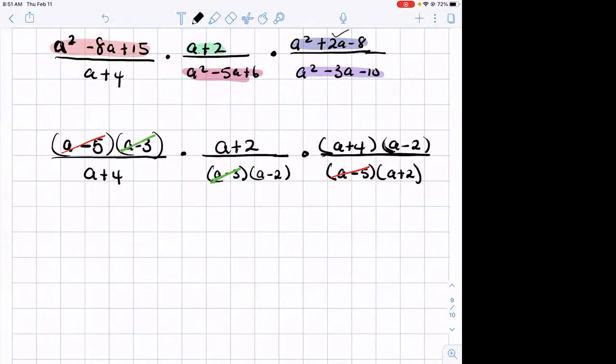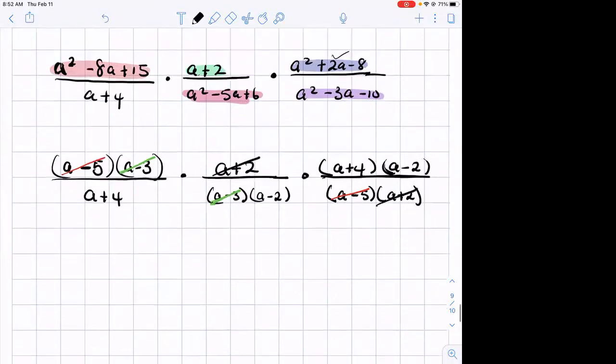What else can we cancel? I notice here I have an a plus 2 in the top, so an a plus 2 cancels with an a plus 2.